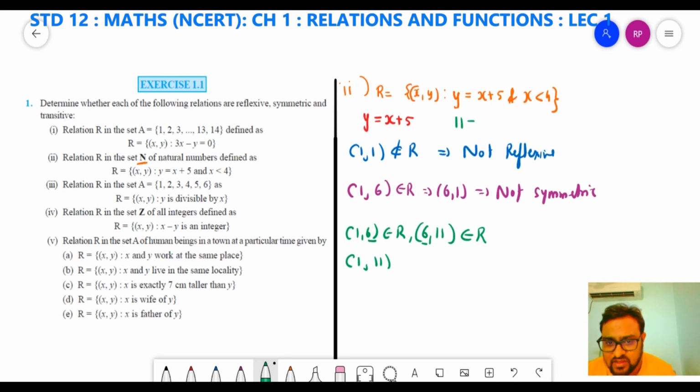Can I write down 11 is equal to 1 plus 5? No, that is not equal. Therefore, this does not belong to R. Therefore, it is not transitive also. Okay, it is neither reflexive nor symmetric, and also it is not a transitive relation. Clear? So note down the second question.